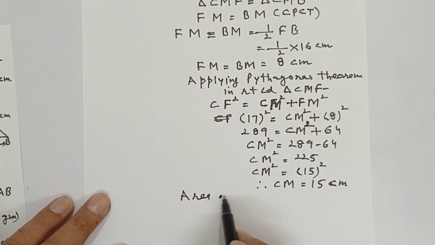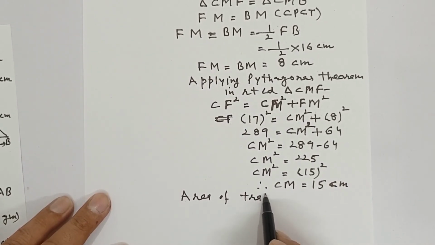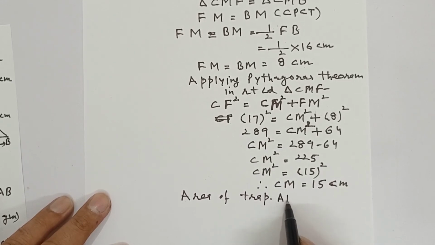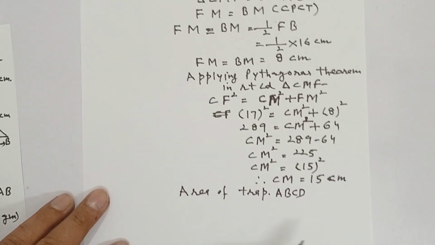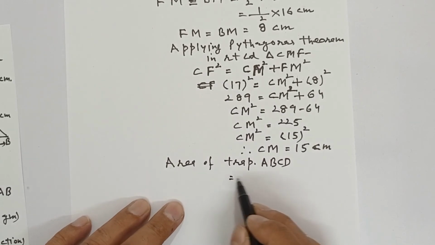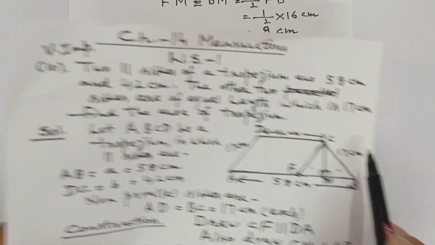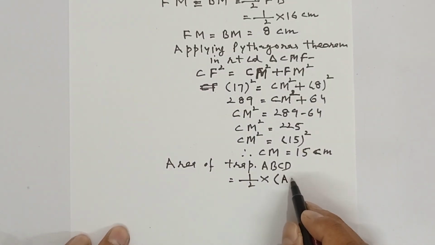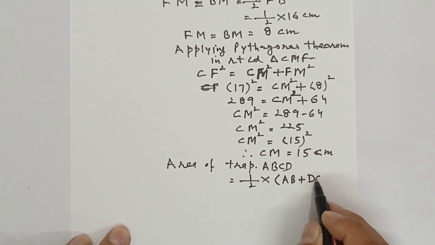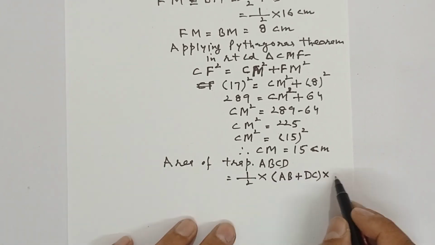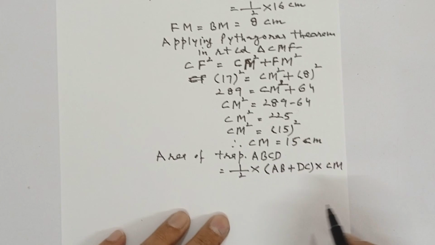So area of trapezium, the name of trapezium is ABCD. Area of trapezium ABCD is equal to 1 by 2 into sum of parallel sides. Here what are parallel sides? One is AB and one is DC. So AB plus DC into altitude you have just found, that is CM.